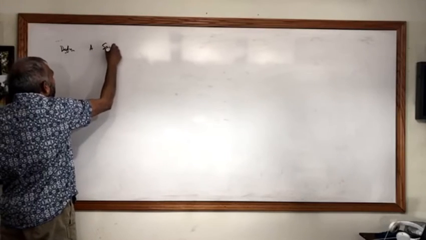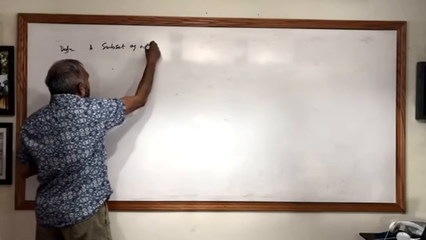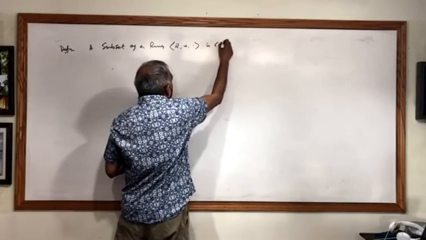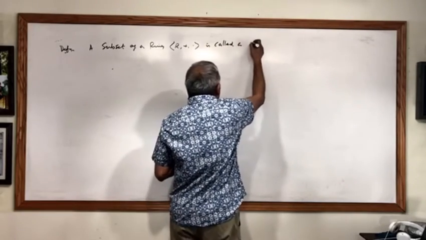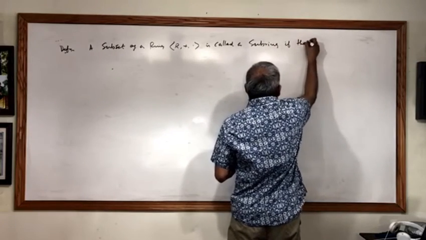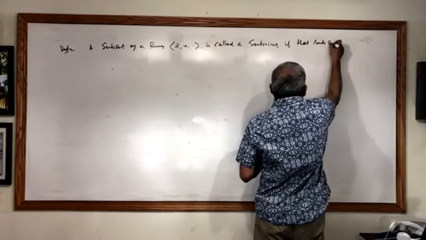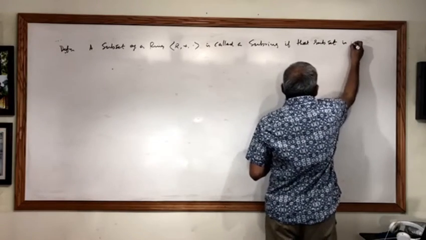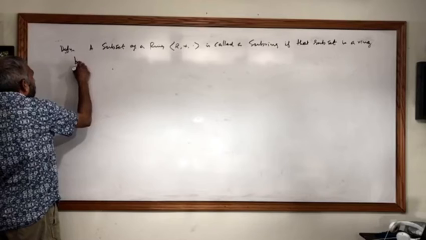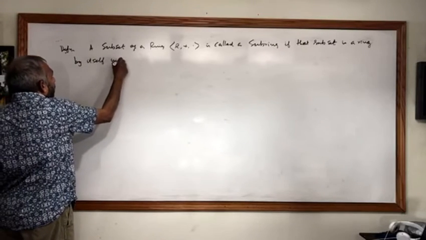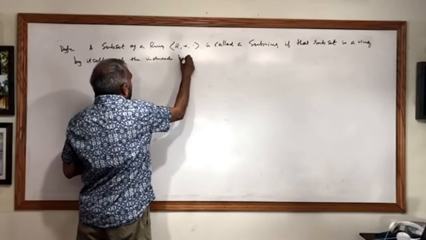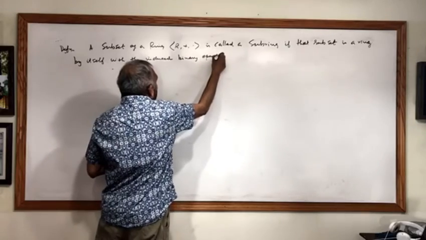A subset of a ring R is called a subring if that subset is a ring by itself with the induced binary operations.